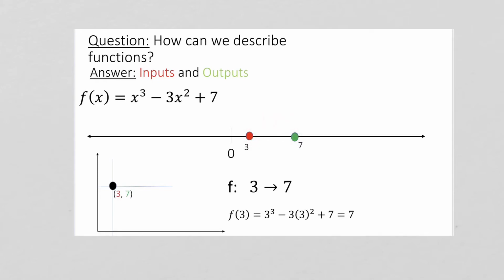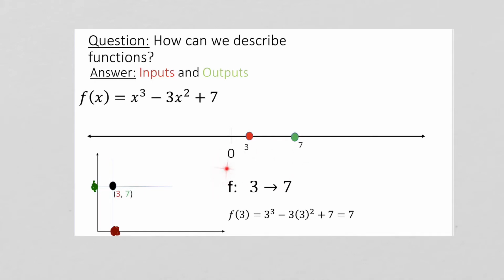Okay, so you can see here in the form of a coordinate point, we have our input 3, and then we have our output, which is 7, right? So if you take your input and your output together, input 3, output 7, that gives you a coordinate point, right? So there's a couple different ways we can show this.